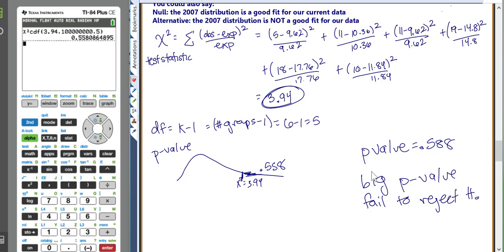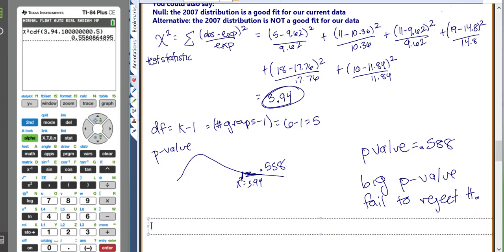So even though my observed counts were off sometimes, it turns out that it wasn't so far off that I'm going to think those theoretical percentages are actually wrong. Okay, so we didn't find any evidence that the 2007 distribution does not fit our data.